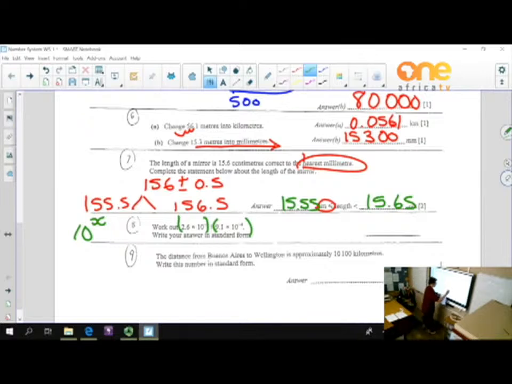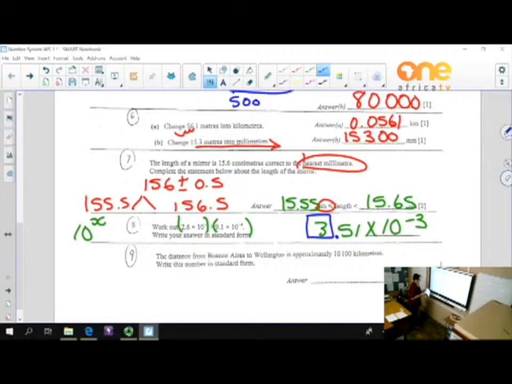So I got 3.51 times 10 to the power of negative 3. It's a decimal answer, so that's why it's 10 to the power of negative 3. Remember, standard form means only one digit in front of the decimal point.